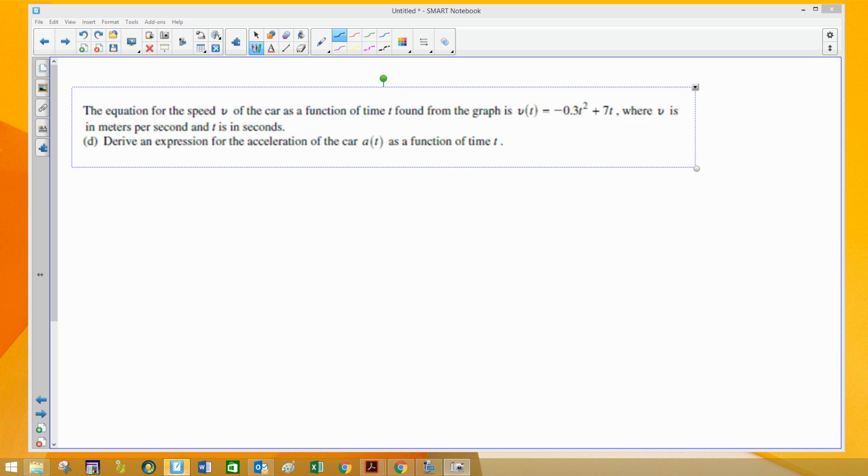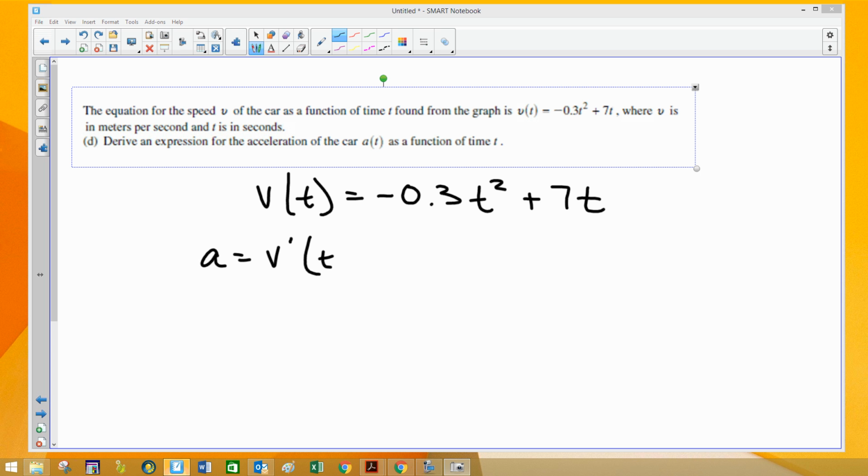They gave you the equation. The equation is v equals negative 0.3t squared plus 7t, where v is in meters per second and t is time, to derive an expression for acceleration. Acceleration is the first derivative of velocity with respect to time.